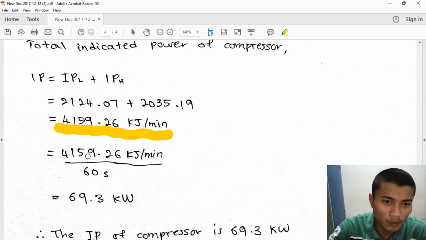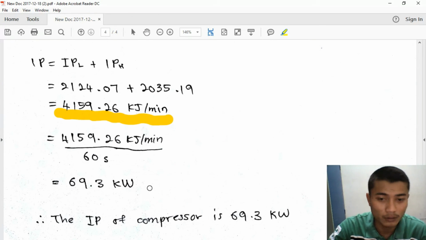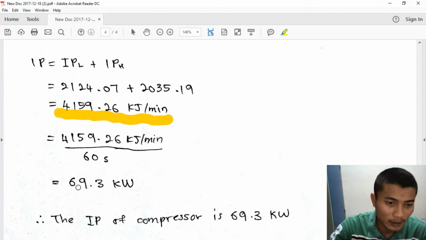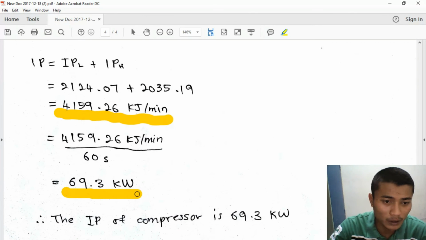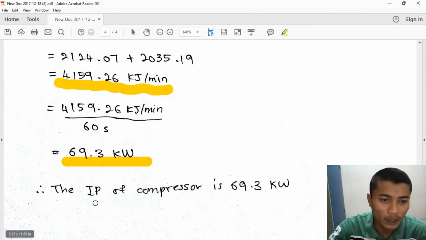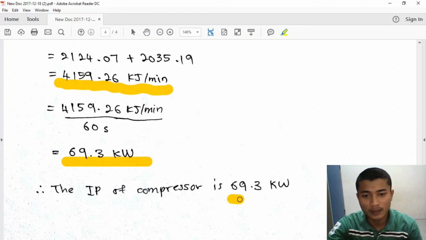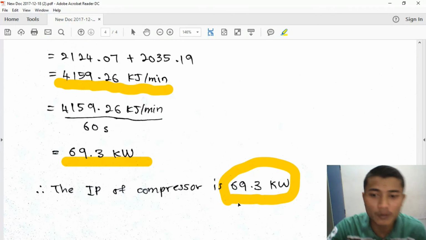We must divide by 60 seconds to get the answer in kilowatts. The answer in kilowatts is 69.3 kilowatts. Therefore, the indicated power of the compressor is 69.3 kilowatts. That's all from me. Thank you.